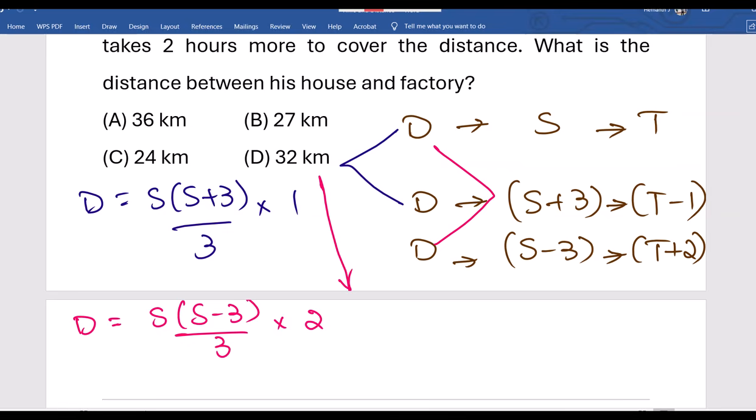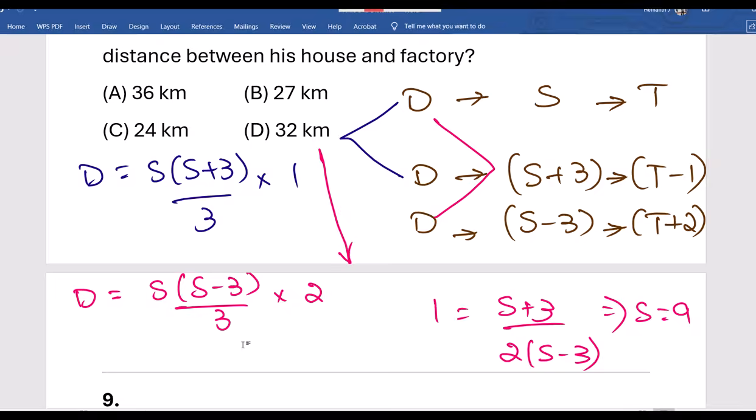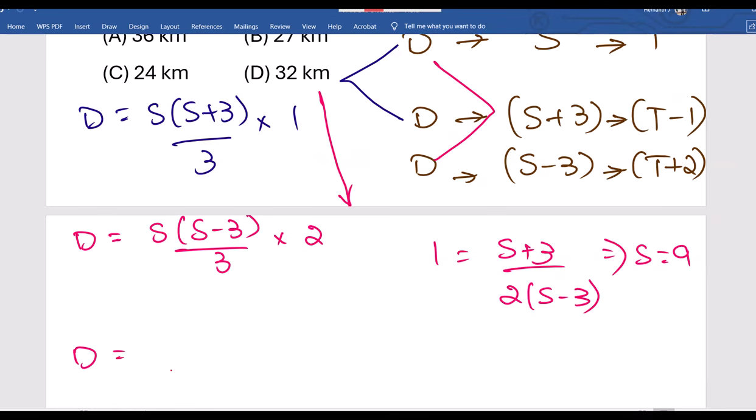Now divide these two equations: 1 equals, S cancels, 3 cancels, S plus 3 divided by 2 into S minus 3. From this S will be equal to 9 km per hour. Once I know S, D can be calculated. So what's your answer for D? 9 into 12 divided by 3, which is equal to 36 km. Option A.